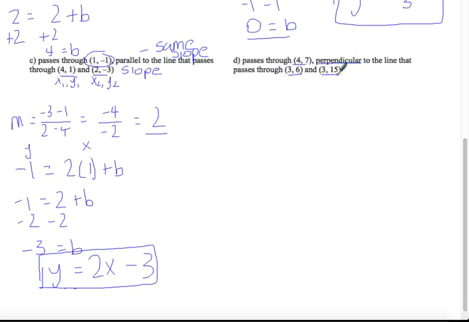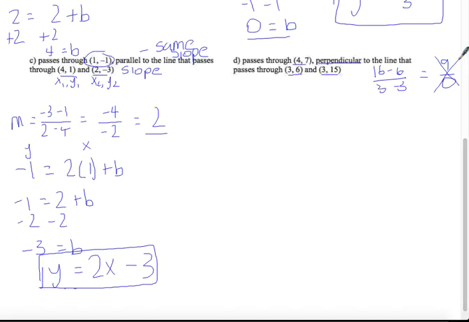But this one is a little bit of a trick question, because the line that passes through 3, 6 and 3, 15, if you try to use the slope formula on this, you get 15 minus 6 over 3 minus 3, or 9 over 0. But dividing by 0 doesn't work.